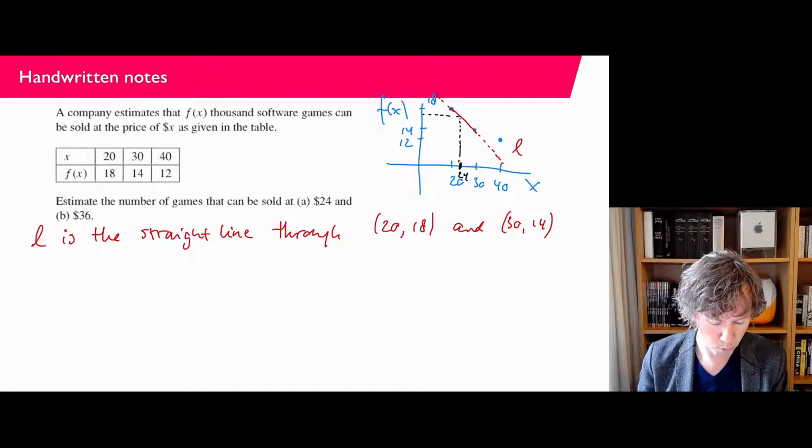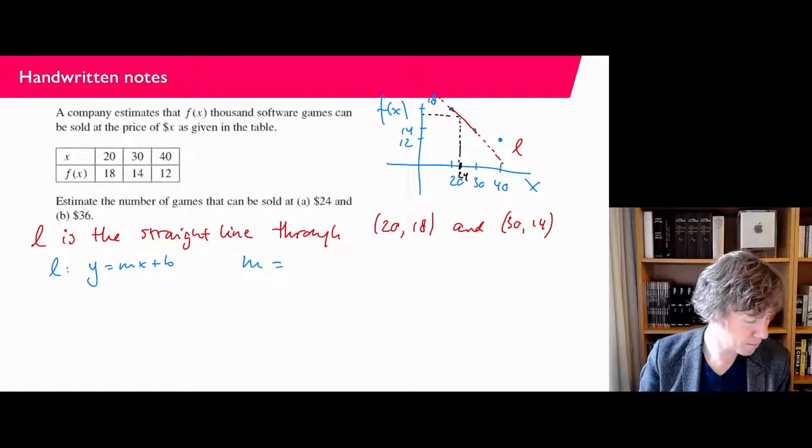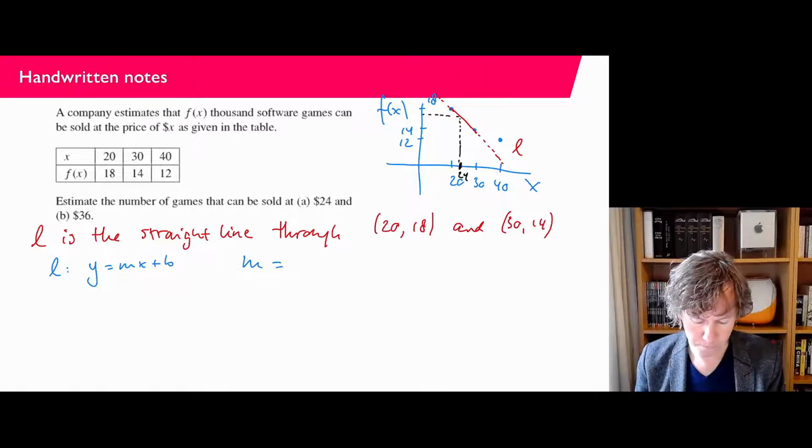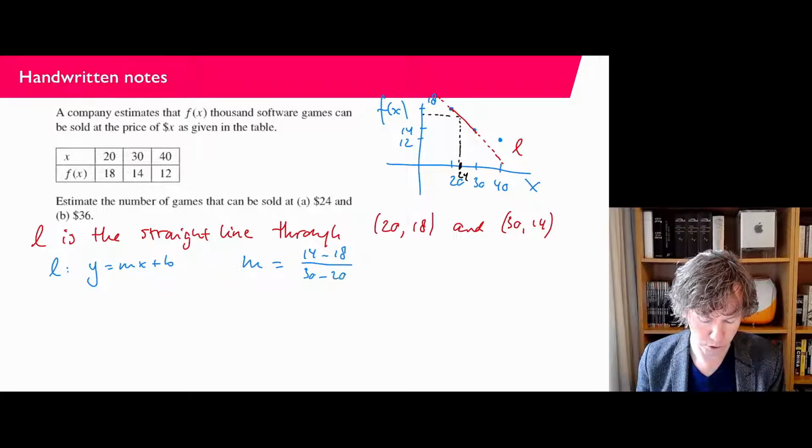Well, let's say that this line is y equals mx plus b. m is the difference of y values, 14 minus 18, over the difference in x values, 30 minus 20. So that gives me minus 4 over 10 or minus 2 over 5.